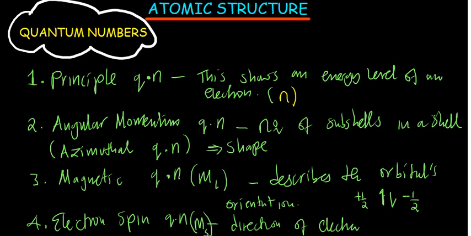Now remember we have got the principal quantum number, which describes the orbital size and energy. And remember, we said each energy level has got its own energy, right?